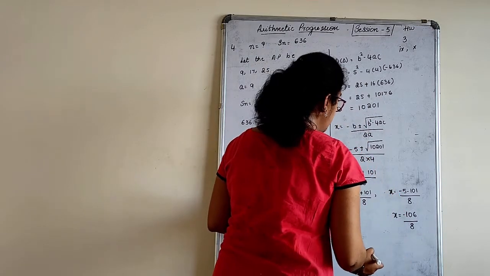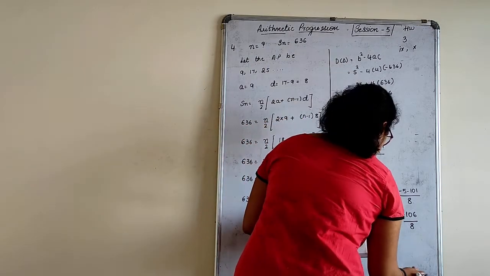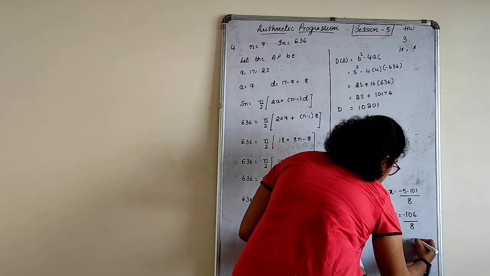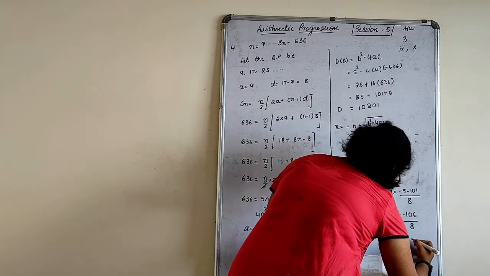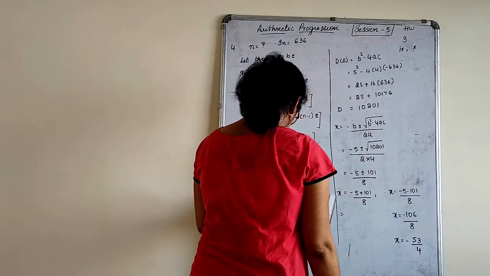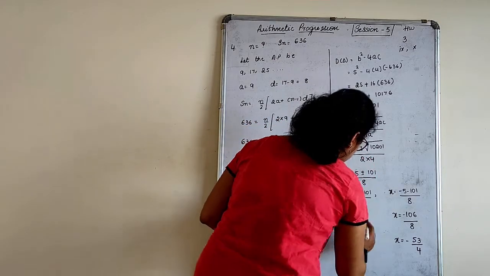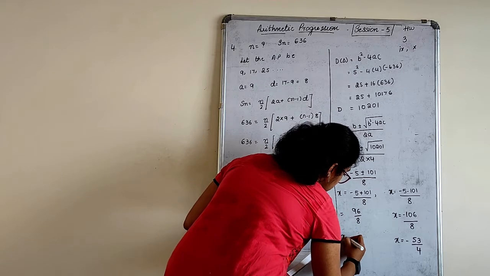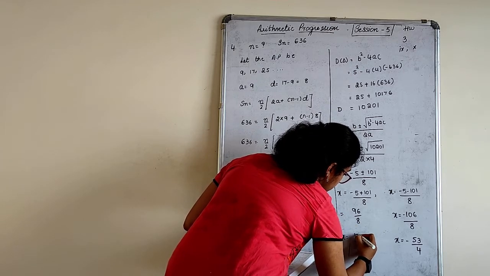When we do the second one, minus 5 minus 101, we get minus 106 by 8, so n is equal to minus 53 by 4. Minus 5 plus 101 will give you 96 by 8.